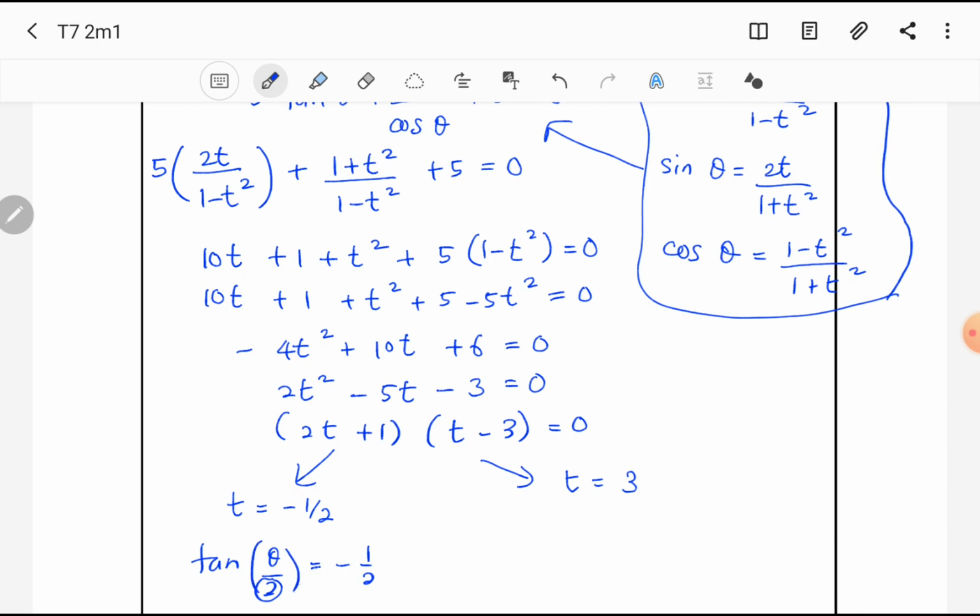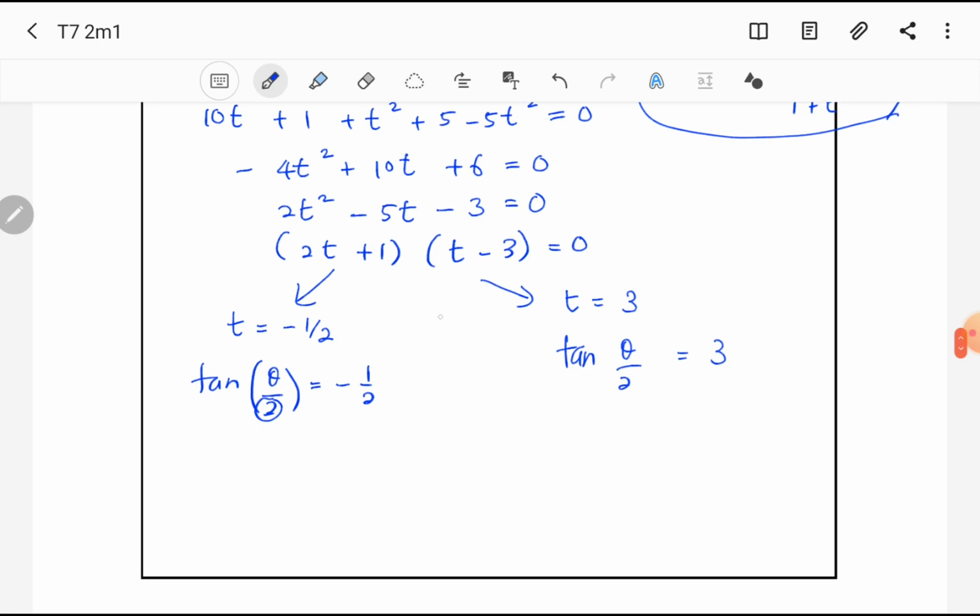Sebab ini adalah angle for the tangent. Same thing for the right part, tangent theta over 2 equal to 3. So kita dah dapat dua single form. Kita akan back to the single form tadi.